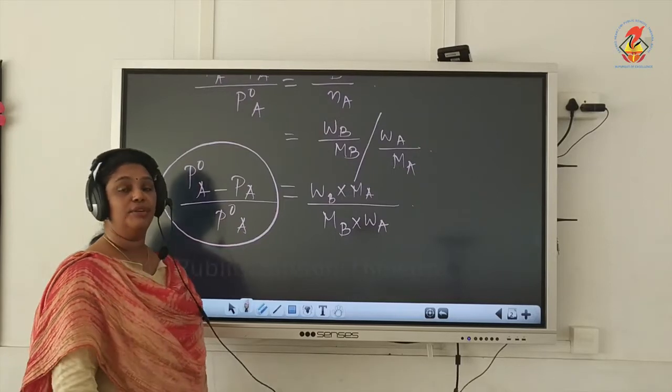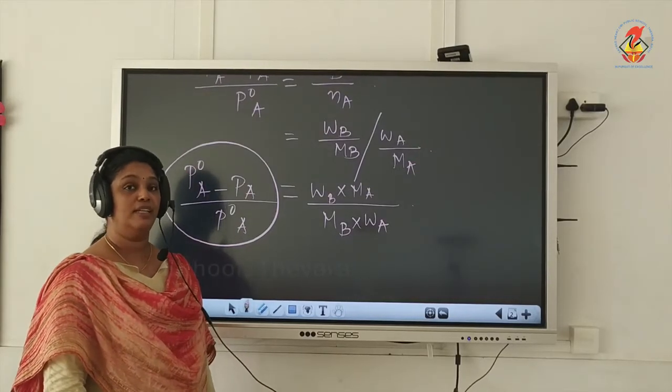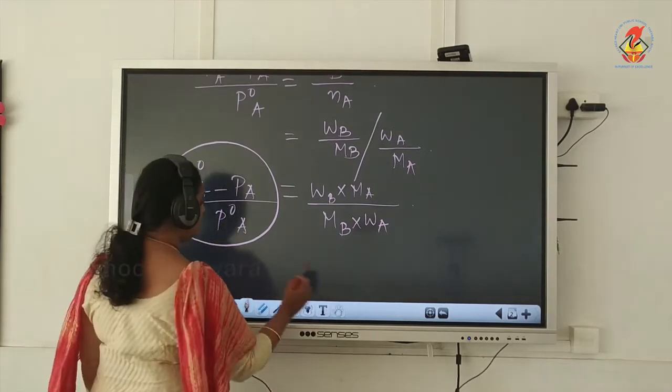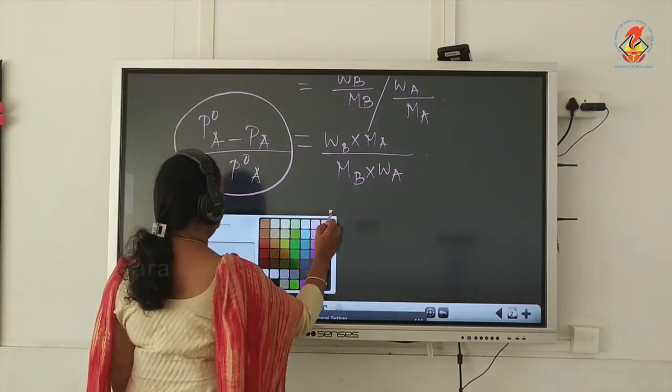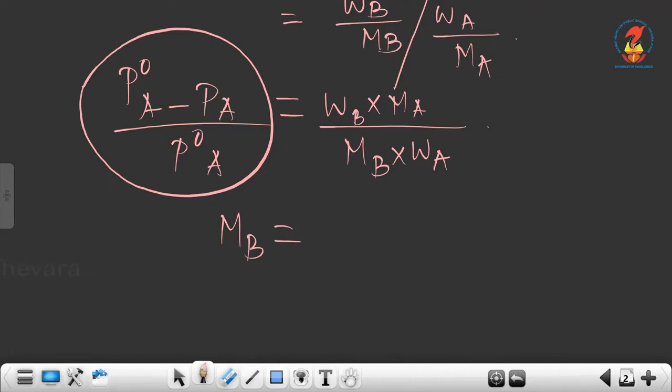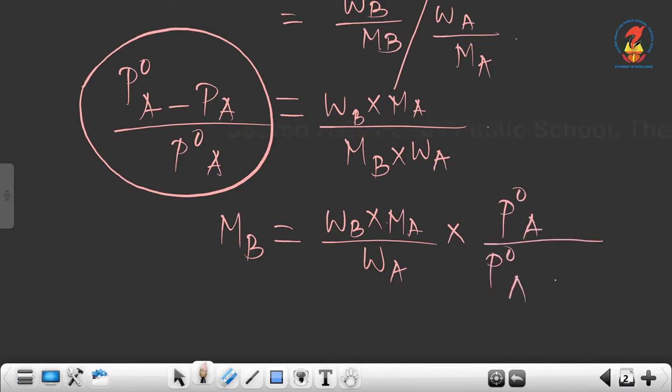Now we are going to get an expression for MB, that is the molar mass of solute. From this expression I am going to write MB will be equal to WB into MA divided by WA into (P naught A divided by P naught A minus PA). So this is our expression for relative lowering of vapor pressure.